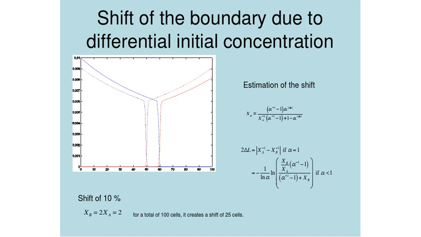All right, so what we decided is to study how we can implement the shift of the boundary due to differential initial conditions. Instead of starting A and B at the same level, you start one at some level, and the other one at a different level.